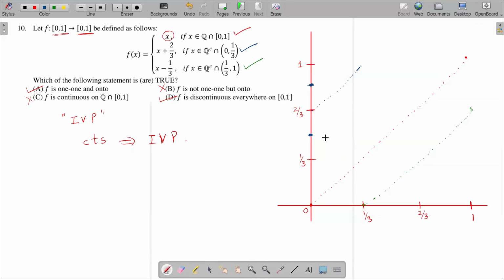Not just that, it should have a pre-image between the pre-images of these two. You understand the requirement? For every k such that f(a) is less than k less than f(b), there exists c between a and b, that is important, such that f(c) is k.